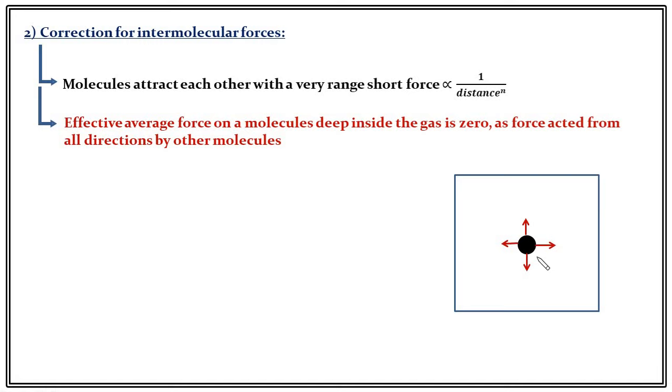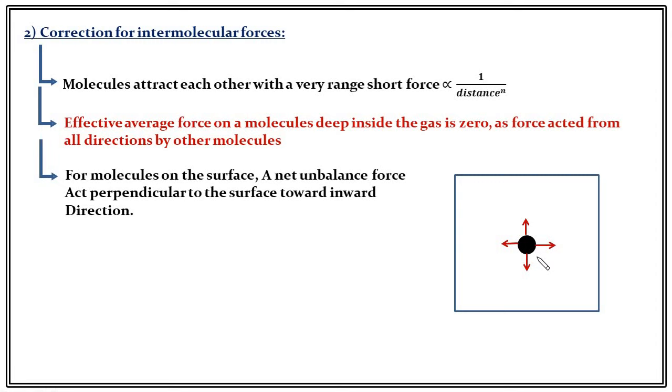But the case for a molecule lying on the surface is different. Why? Because there is a net unbalanced force acting perpendicular to the surface towards the inward direction. How can we understand it? Suppose we have a molecule somewhere around the surface. In that case, the upward force is balanced by the downward force. But you can easily see from this cartoon that the left hand side force cannot be balanced because there is no force on the right hand side.